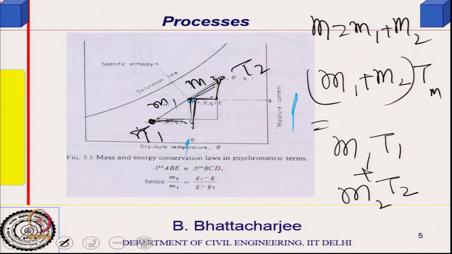So T minus T1 divided by m2 must be equal to T2 minus T divided by m1. This relationship for G or T or H is valid actually: m2 by m1 is equal to (G1 minus G) divided by (G minus G2).